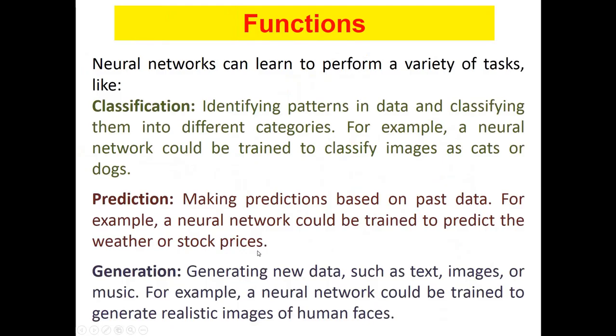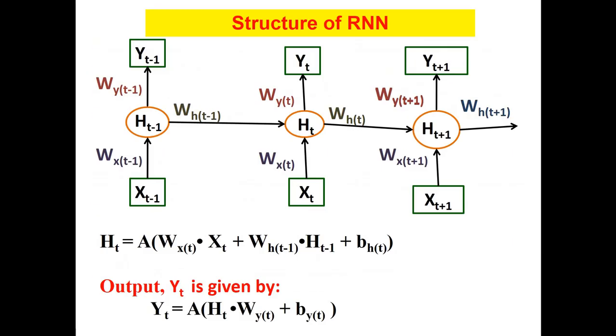In the same way, you can think that this is xt1 and you have some H, and from that H it produces a Y. This is at time t, the current time; this is one timestamp before, and this is one timestamp after.